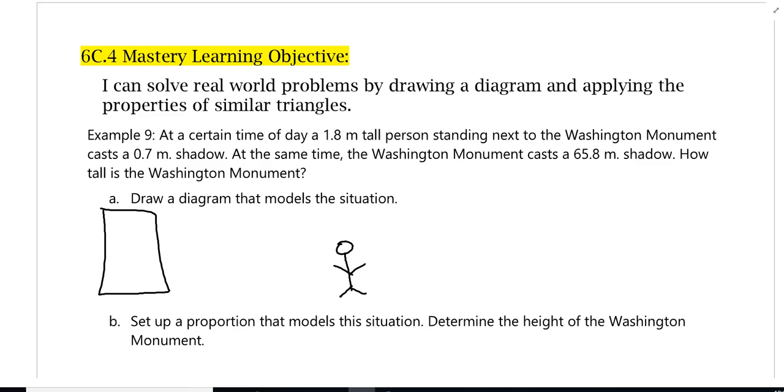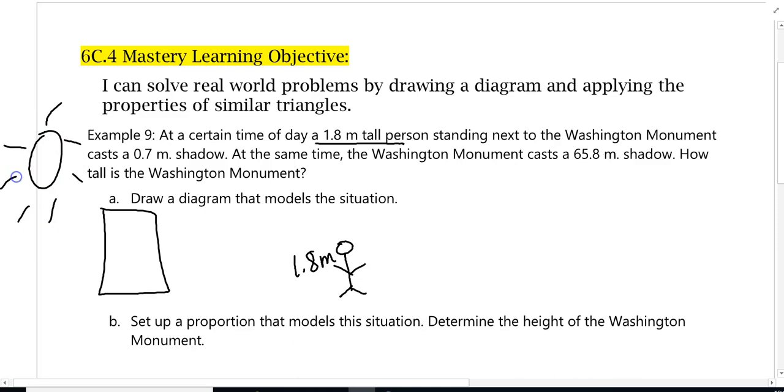So the first thing it tells me is that my little guy here is 1.8 meters tall, so that's my person. It also tells me that he casts a shadow of 0.7. So basically we have the sun over here, right? This is my sun. Again, I'm not an artistic person. And the sun is shining down.